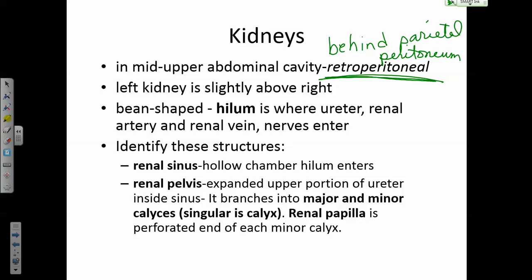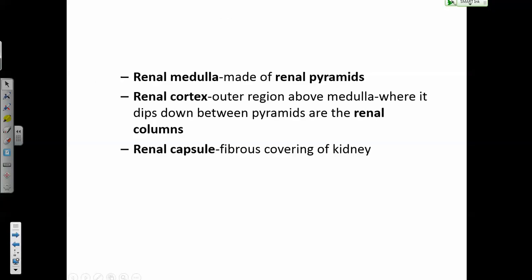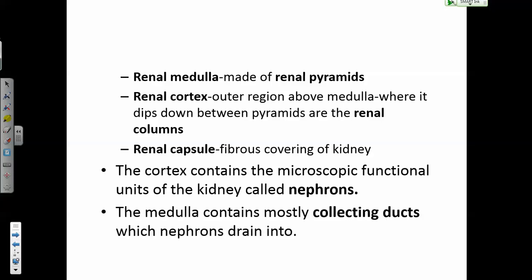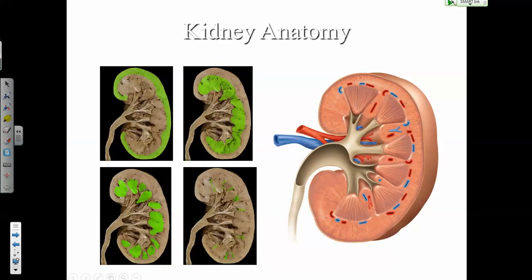Okay. So if we look at various regions of the kidney, here you can see some terms: renal sinus, renal pelvis, major and minor calyces, renal papilla. I've got these things bold printed. All right, and then on this page you see several more structures. On this first picture, do you see this highlighted area?